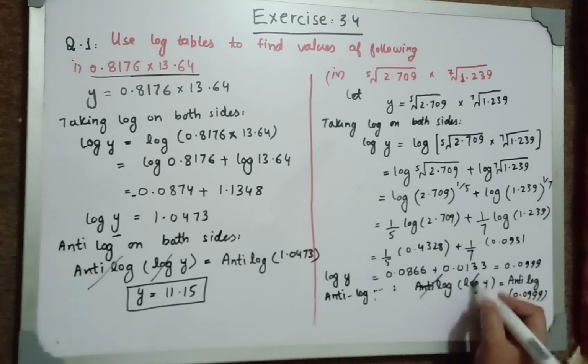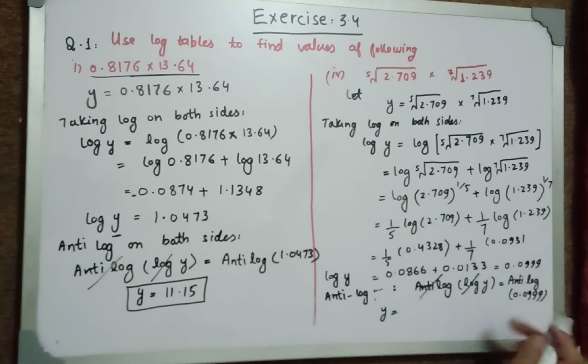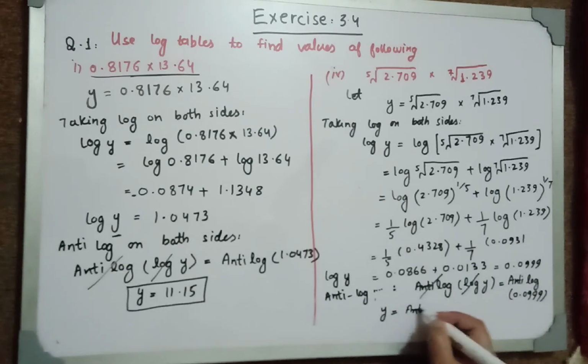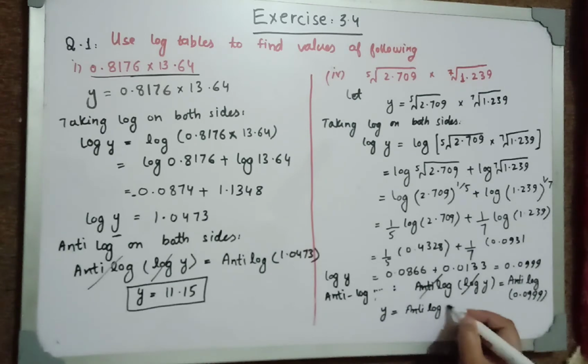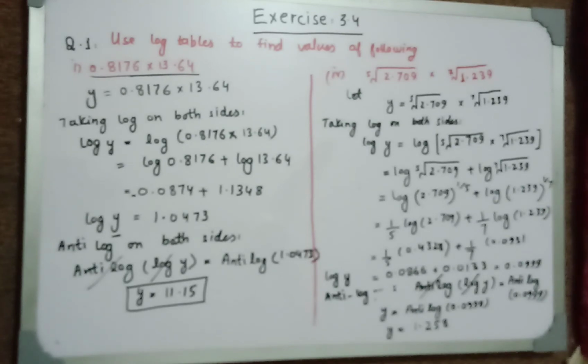This anti-log will cancel this log and we will have y is equal to anti-log of 0.0999. And when you find the value of anti-log of this number, the answer will be 1.258. So that's all we have for today. Thank you very much.